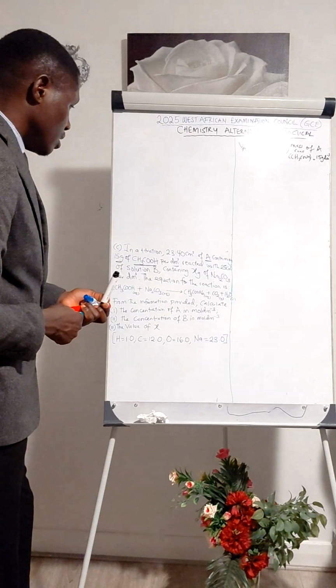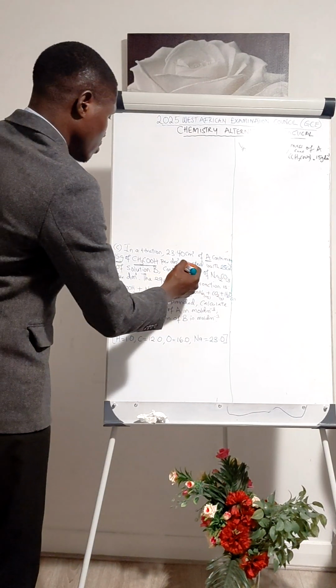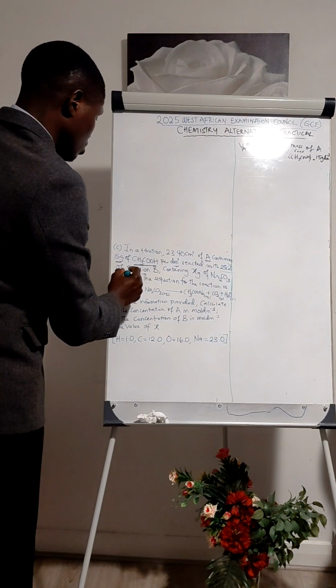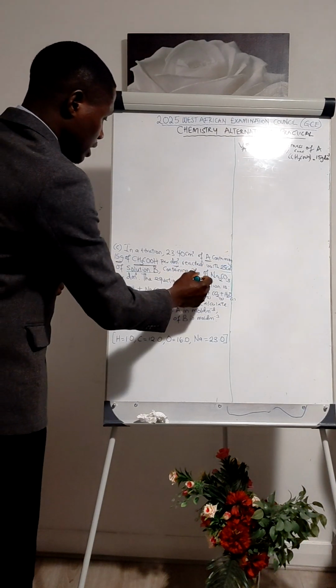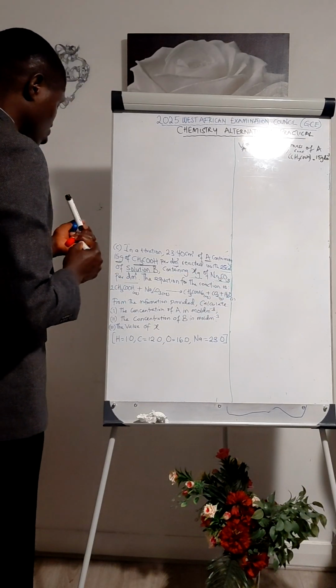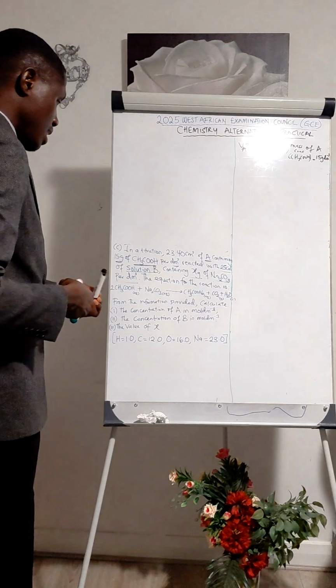They now said it was reacted with 25 centimeter cube solution of B containing X gram of sodium trioxocarbonate IV per dm cube. So your B here is X gram.